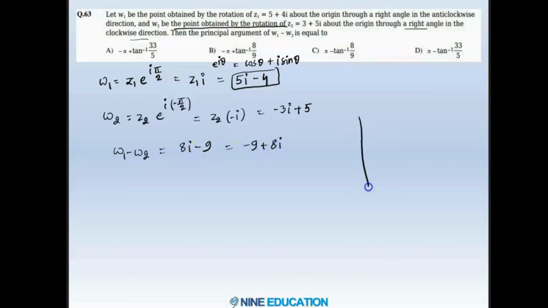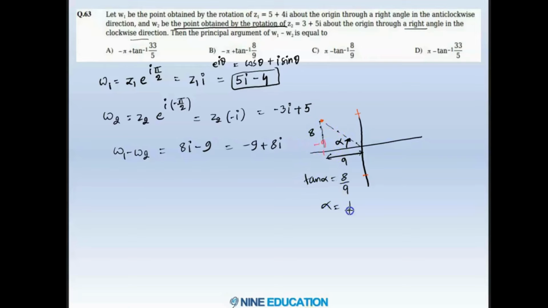So let's look at the quadrant it belongs to. Minus 9 means on the left side, and 8i means somewhere here. So the point is in the second quadrant, and if you observe this angle alpha, this is 9, this is basically 8. So we have tan alpha as 8 by 9.